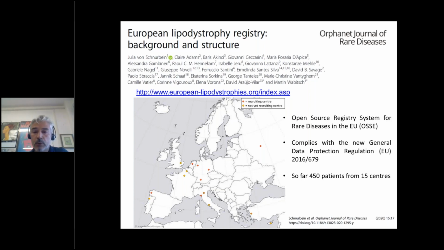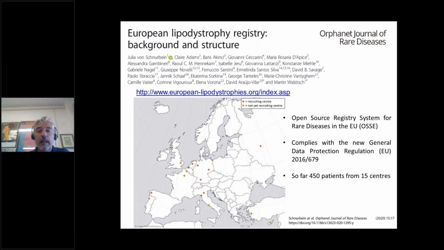And we have been able to introduce in the registry approximately data from 450 patients, and the registry is continuously growing. So we believe that this resource will be invaluable for giving new answers to our patients.